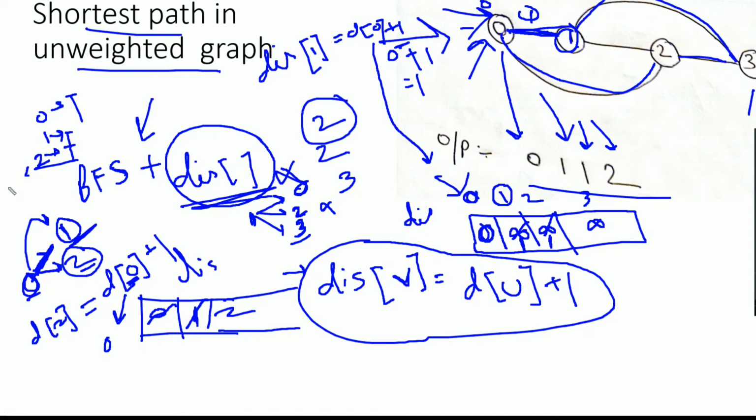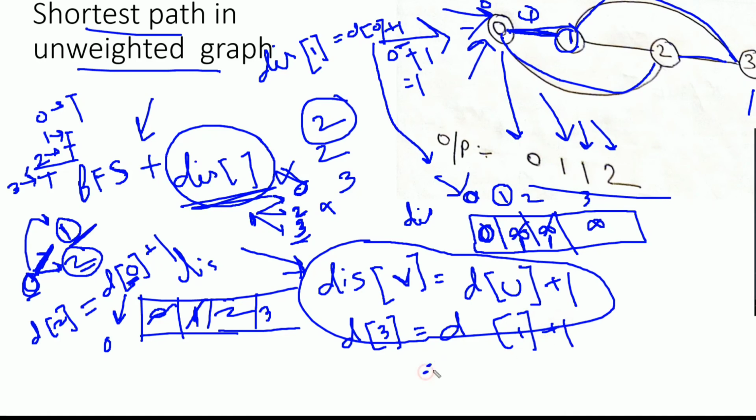So our step will be to mark vertex 3 as visited, push vertex 3 inside Q, and find the distance between the source vertex and vertex 3. If we apply this formula, the distance of our adjacent vertex, vertex 3, is nothing but the distance of vertex 1 plus 1.